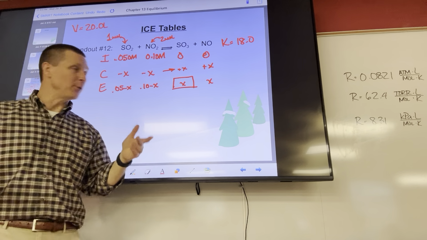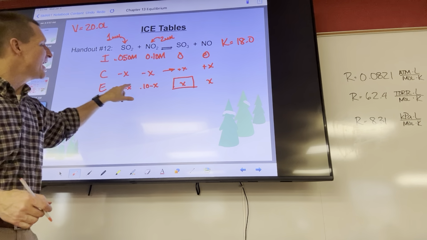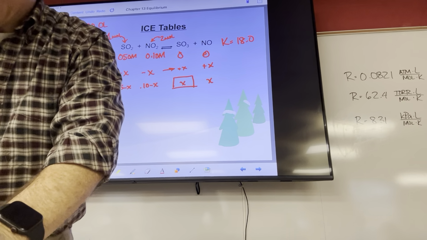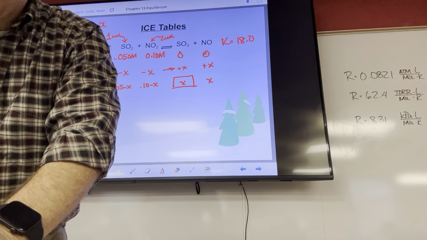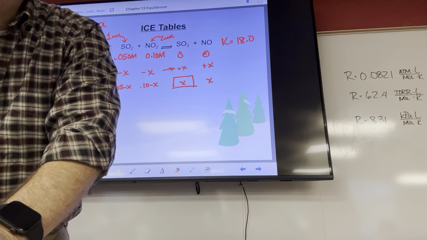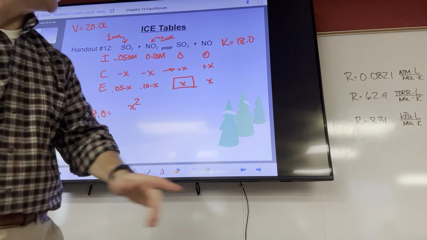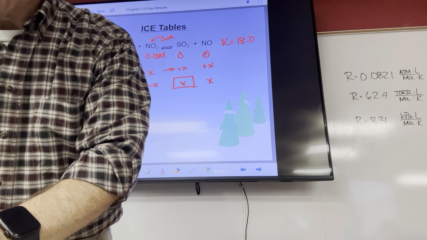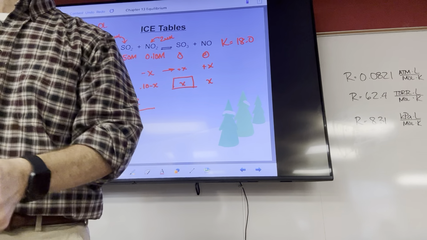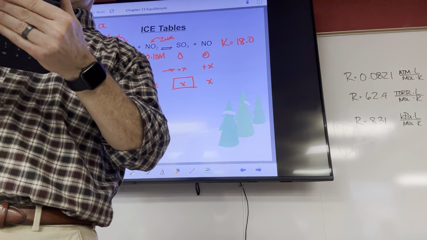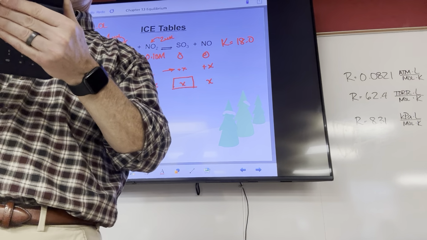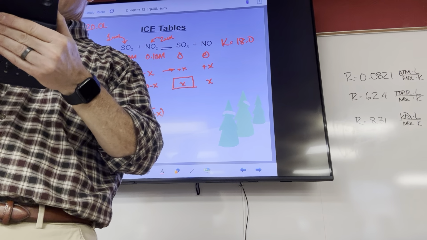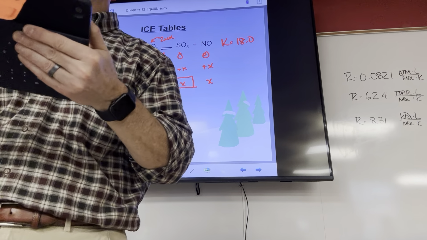So let's get at it. We know the K value. We have the concentrations in terms of X, so we're going to do the algebra and solve for X. Kc equals 18.0, and that's equal to X squared, because I've got two X terms here, multiply them, X squared, divided by, oh boy, two quantities: 0.05 minus X times 0.10 minus X. Glad it's not me taking this class.